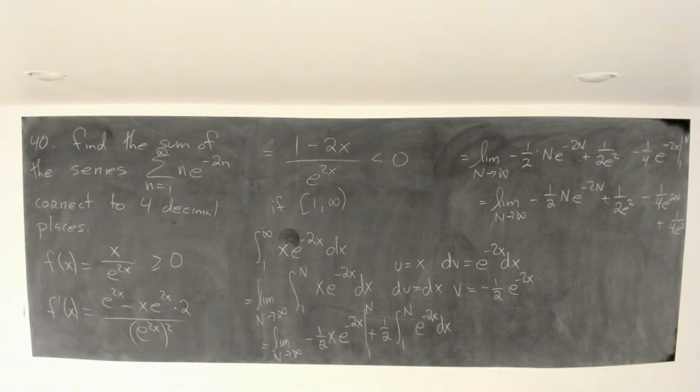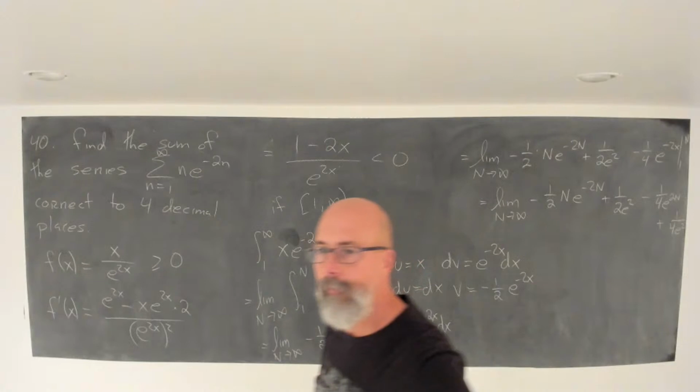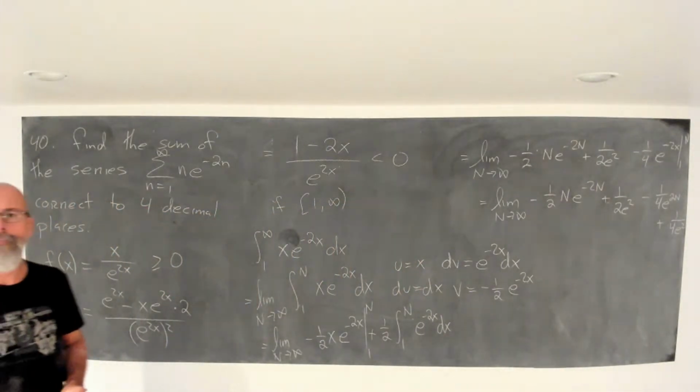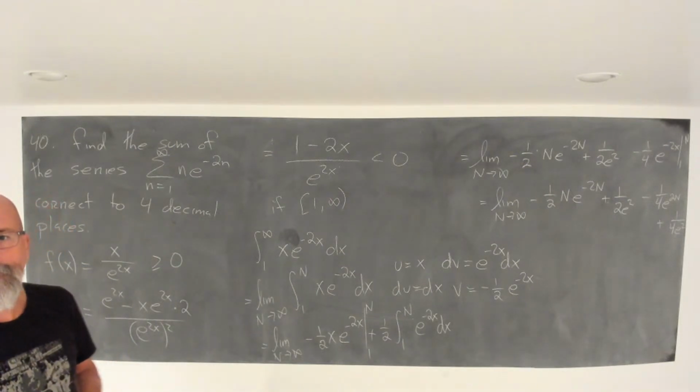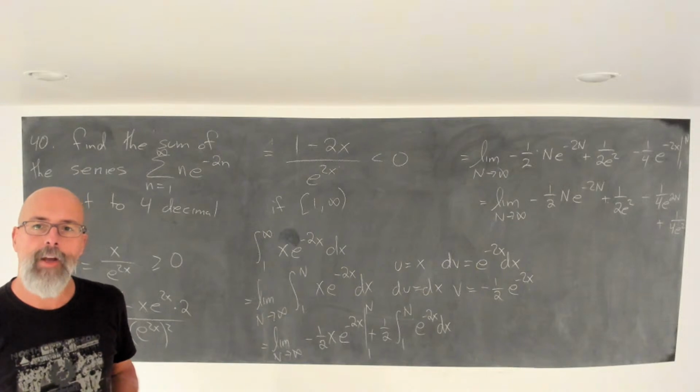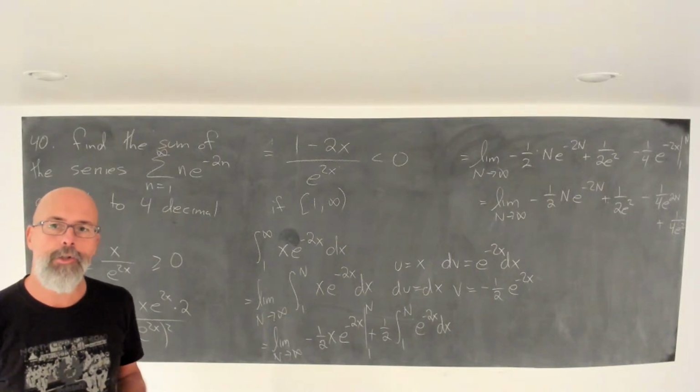All right, here we go. If it's always decreasing, then it shouldn't vary after the first 4 digits are locked in.